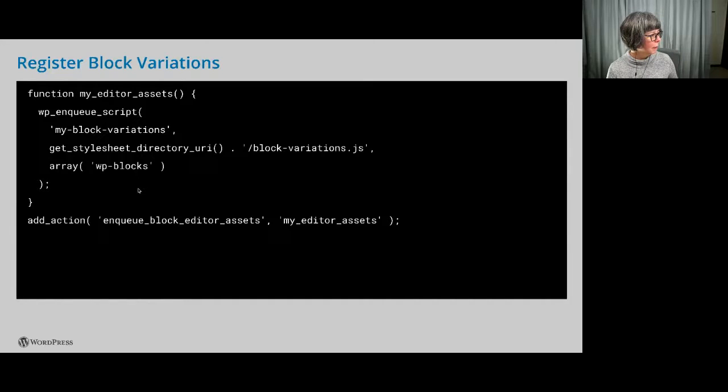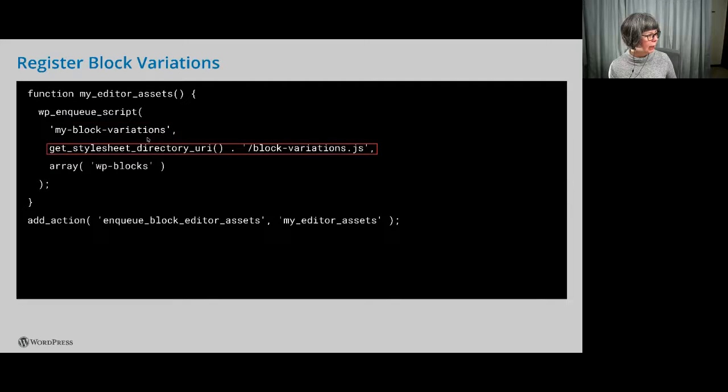The first thing is the PHP portion of this. It's very similar to the other code that we've looked at already. All we're going to do is enqueue a script in the enqueue block editor assets hook. So we have the function myEditorAssets, and then we're going to enqueue our script. It has a name of myBlockVariations.